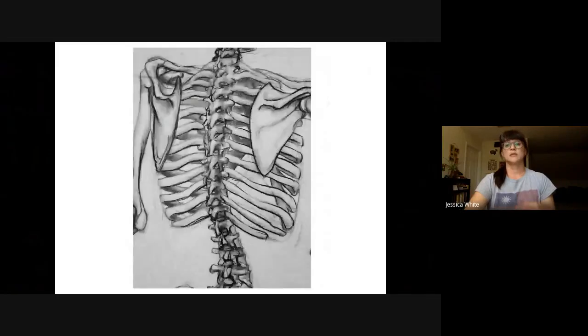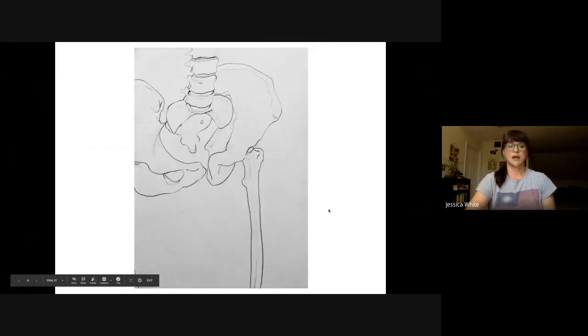This is an example of someone who has used value, but try to avoid using value in your drawing and pay most attention to how the image fills up the page, the dynamics of the positive and negative space, and maybe how the lines are moving, some diagonal lines, some vertical lines, and the use of thirds.